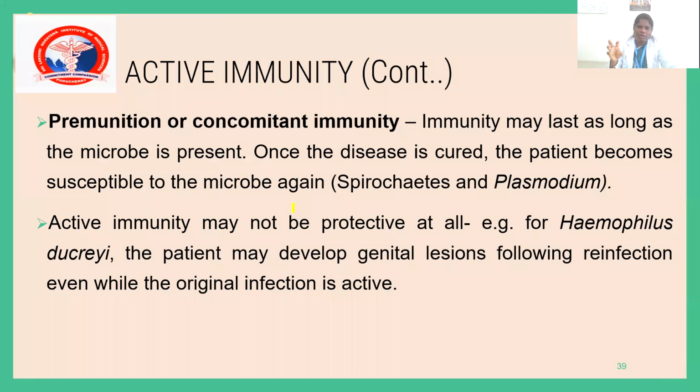So here the two most important terminologies are premonition and concomitant immunity. Premonition means immunity may last as long as the microbe is present.